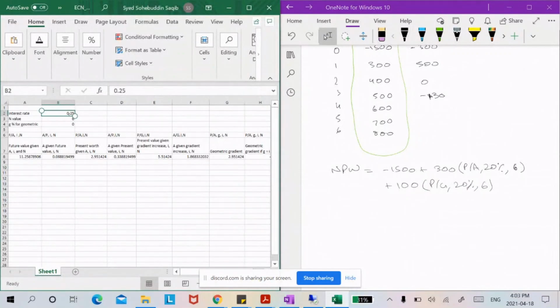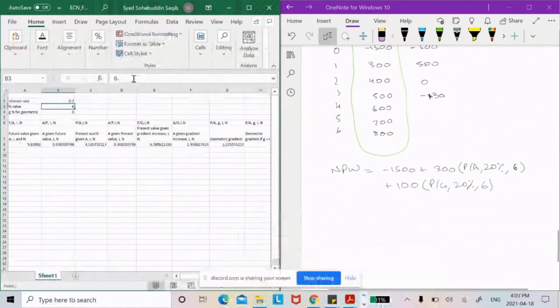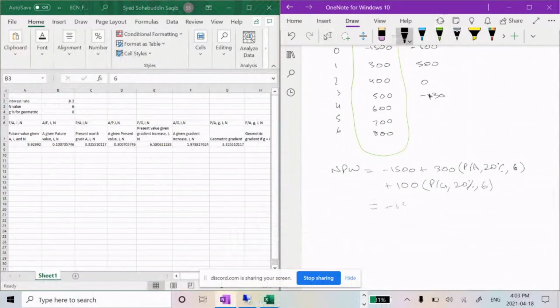This gives us minus 1500 for A, plus 300 times 3.3255, plus 100 times 6.5806.